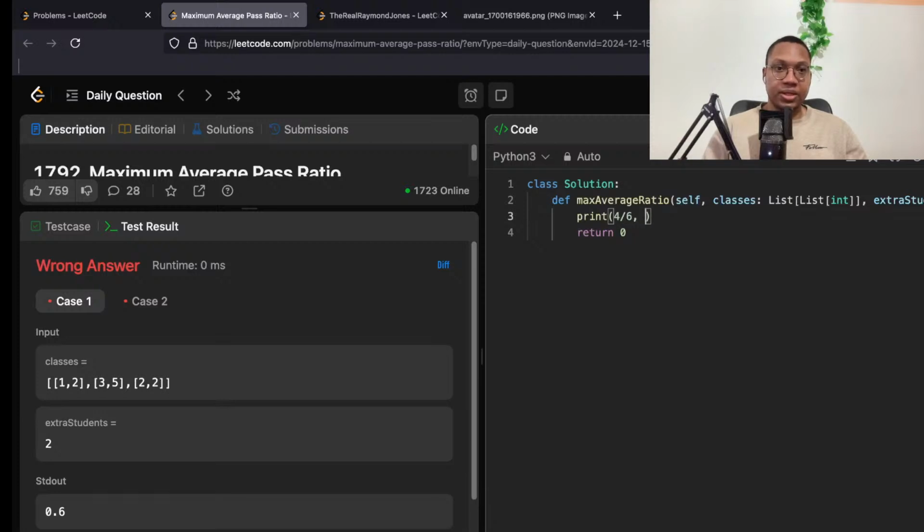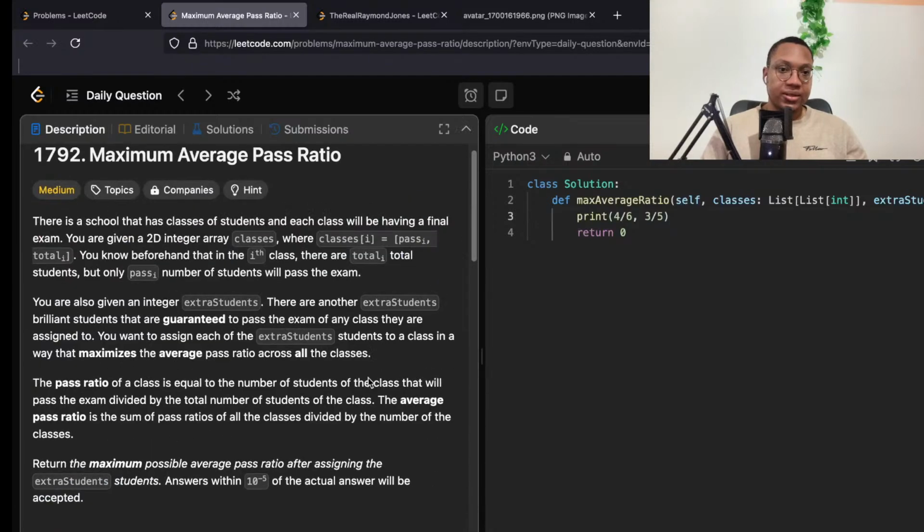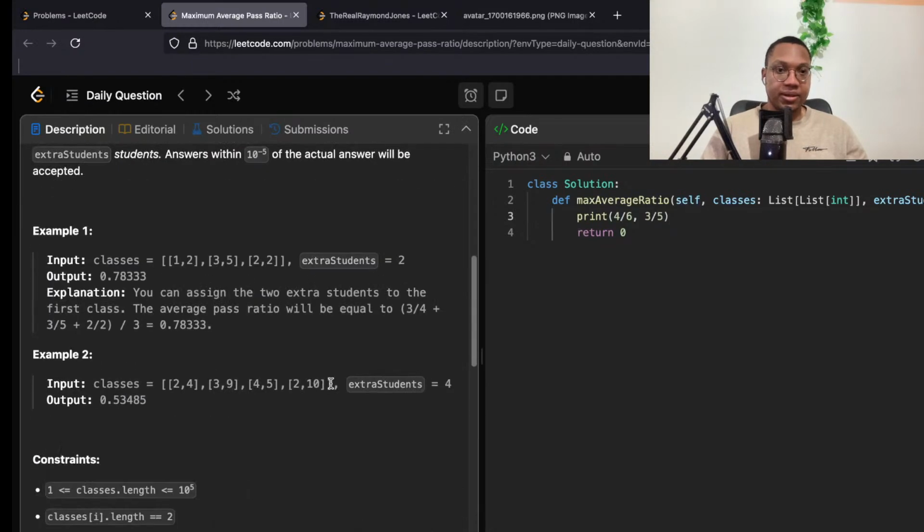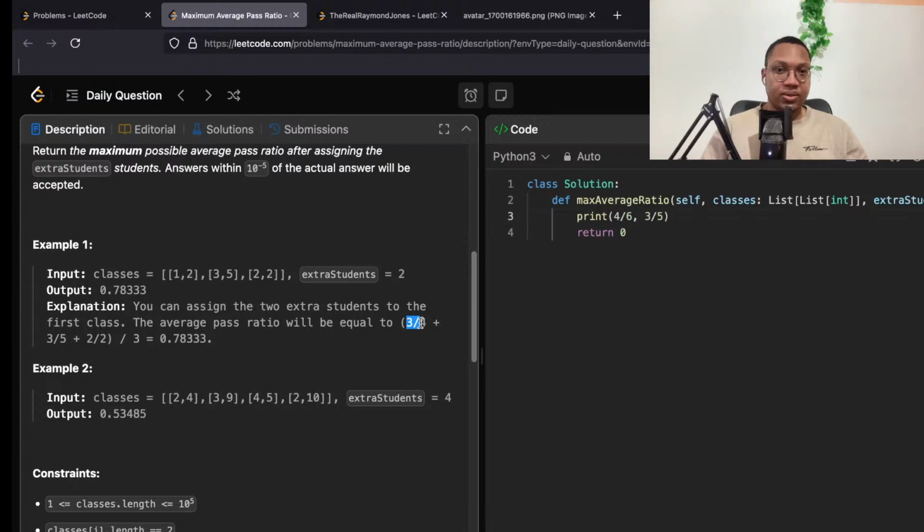And then the other one would be 3/5, I guess. Is that what it says here? Maybe this isn't actually that great, because you add up all these ratios. It's not. It's 3/4. 3/4 is bigger.